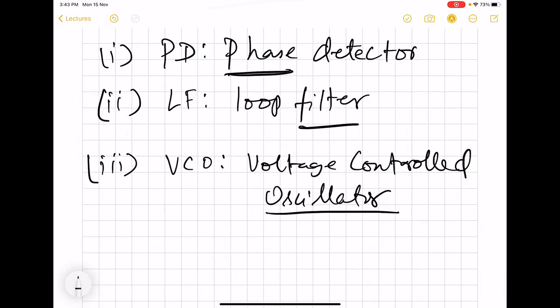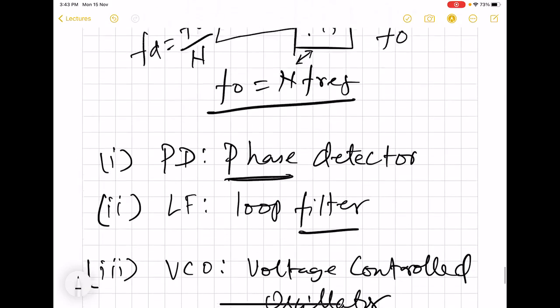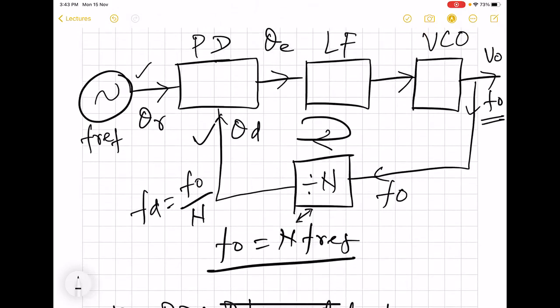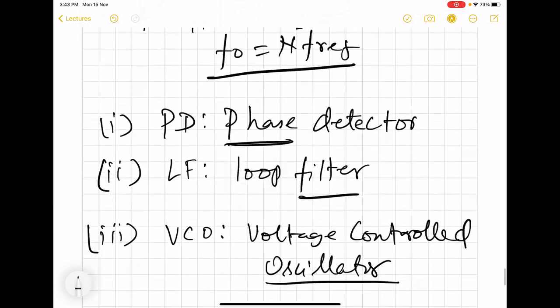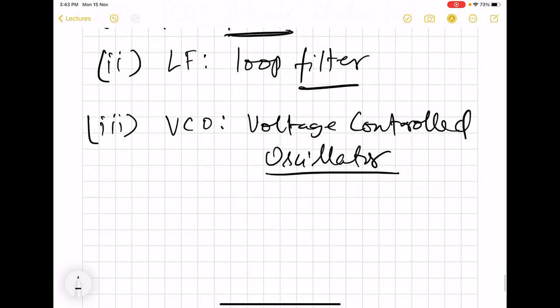We have already studied oscillators, and they produce periodic output, but they are used in this PLL loop architecture to achieve more ability to tune the output. That means to be able to change the output over a wide range.